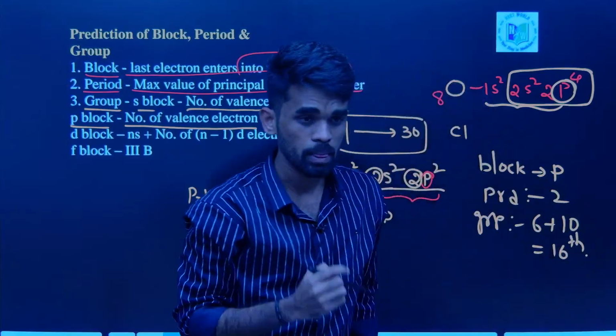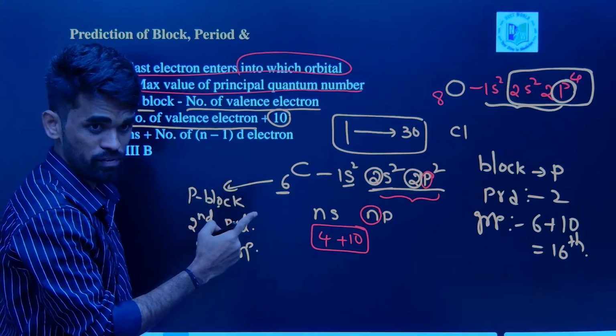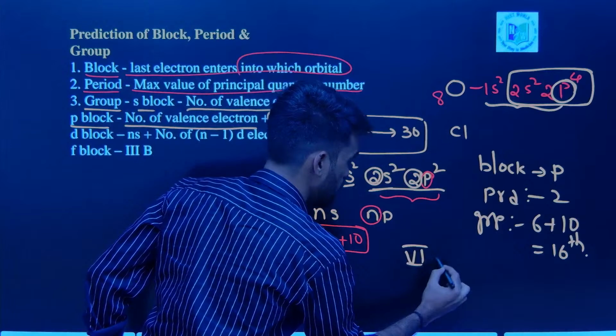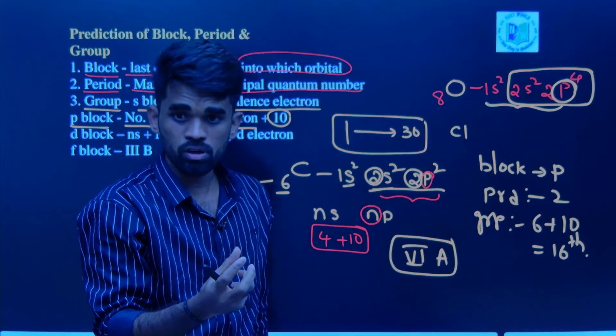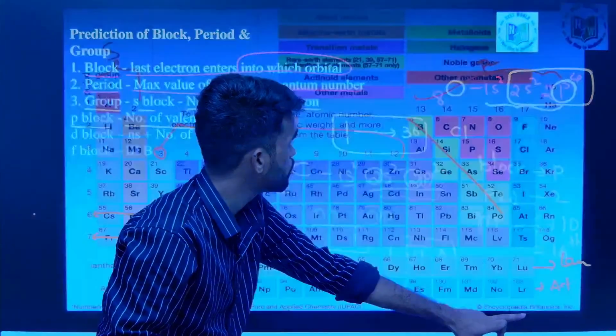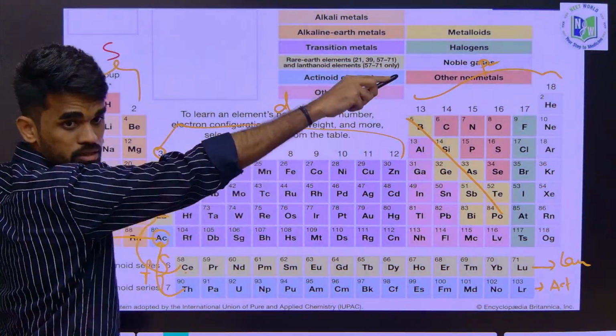Is that clear? Next, sir, why are we taking 10? You might be having this question. Generally you can directly answer it as 6A group normally, but we know that IUPAC standard naming is there. As per them, the numbering is from 1 to 18.